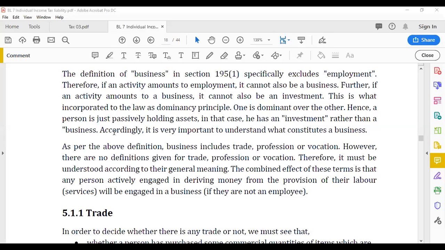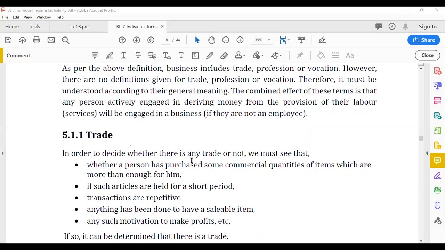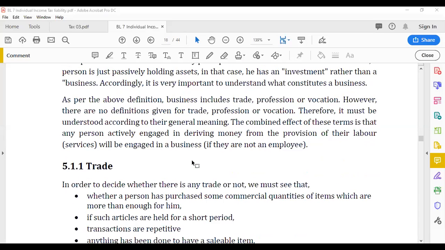Accordingly, it is very important to understand what constitutes a business. As per the above definition, business includes trade, profession, or vocation. However, no definition is given for trade, profession, or vocation. There is no exact definition in the Act. Therefore, it must be understood according to their general meaning, right?